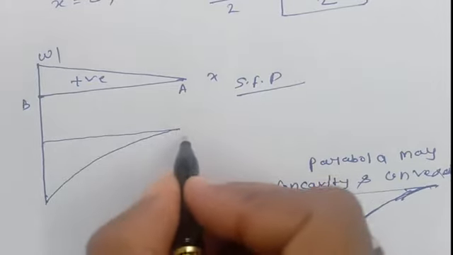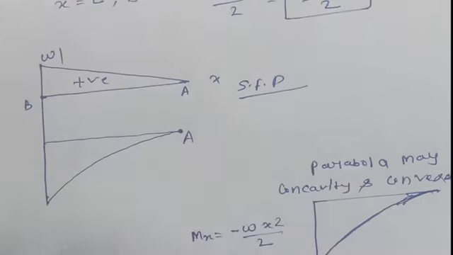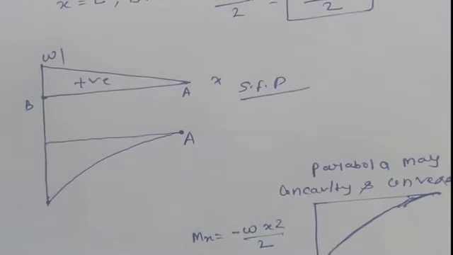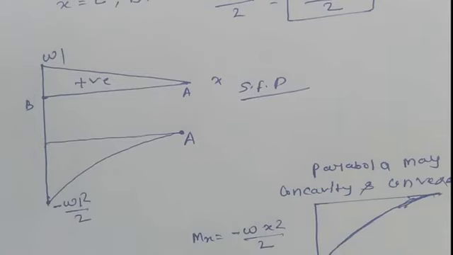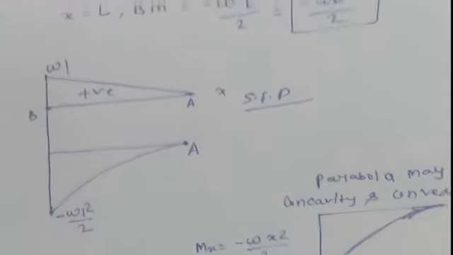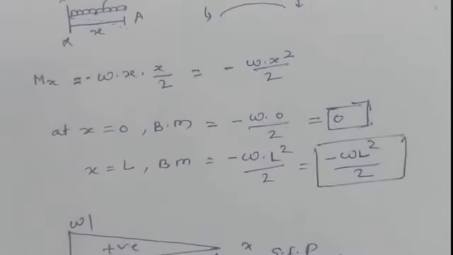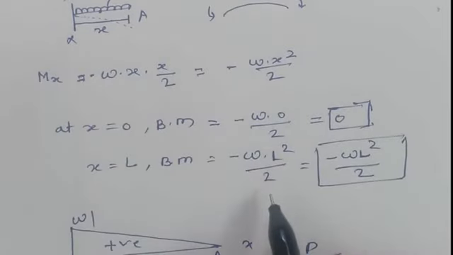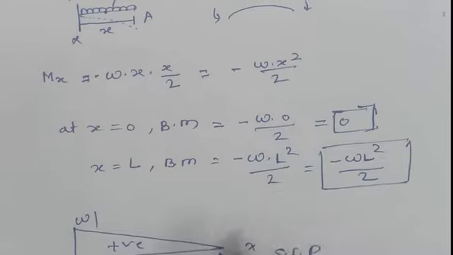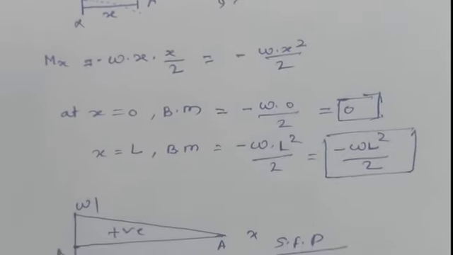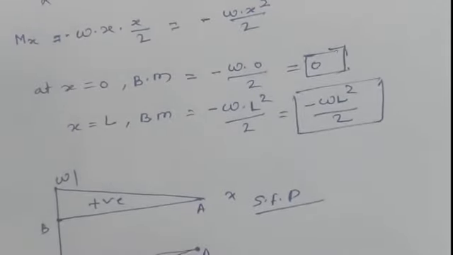At A it is 0, and just before B it is minus WL square by 2, and at B it is again 0, because the plus and minus cancel out. So this is the negative bending moment diagram.